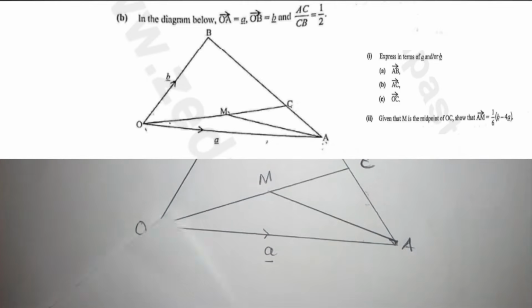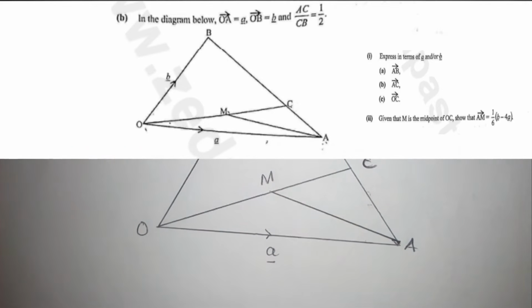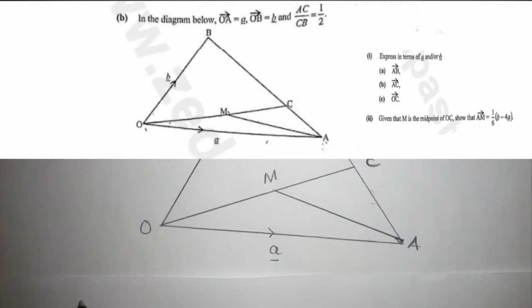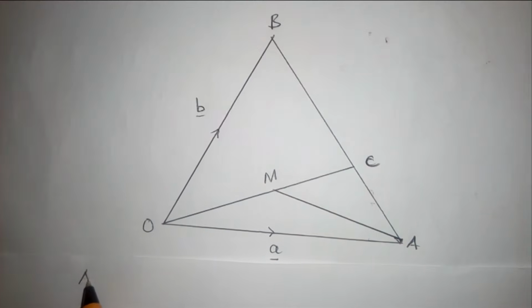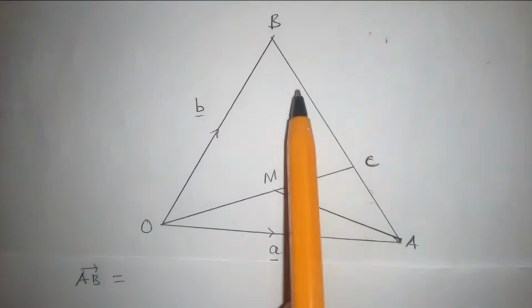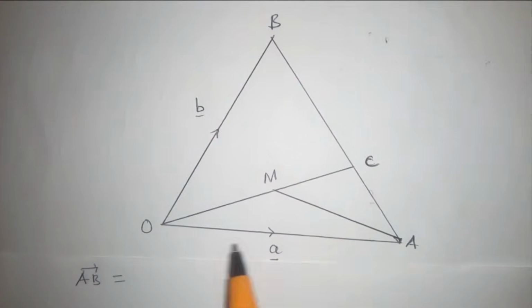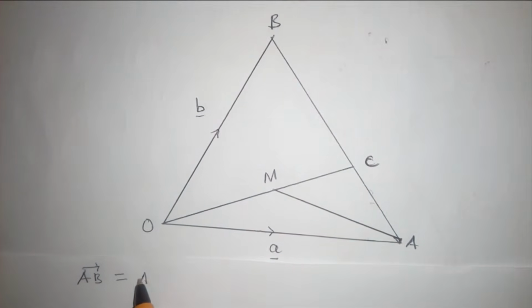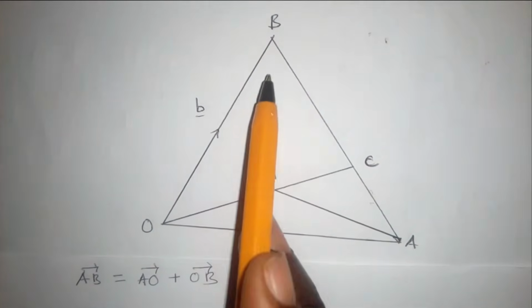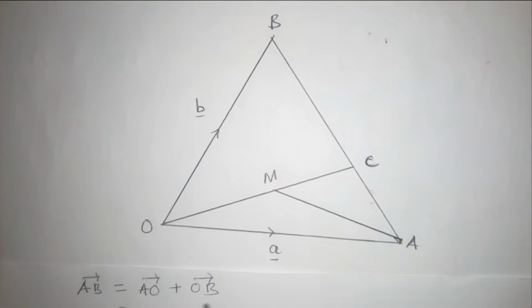So vector AB is equal to AO plus OB. So now we can check what is our AO.